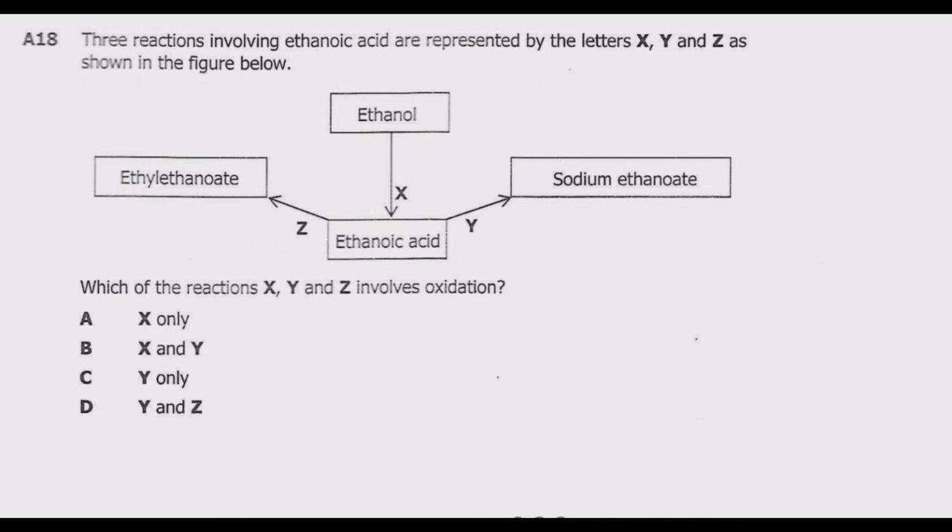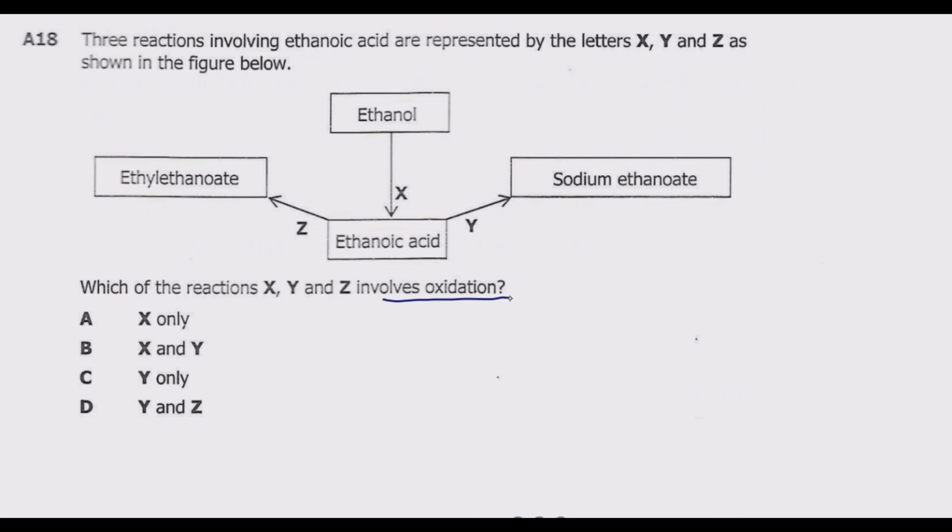Question A18. Three reactions involving ethanoic acid are represented by the letters X, Y, and Z as shown in the figure below. Which of the reactions X, Y, and Z involves oxidation? So the first question that we need to ask ourselves is, what is oxidation? Oxidation is a chemical reaction that involves the gain of oxygen.